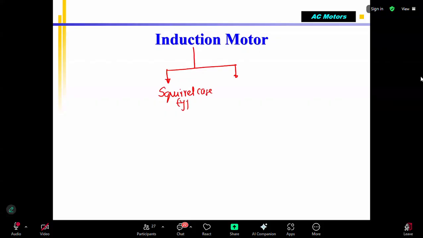There are 2 types of induction motor. Okay, please take the notes. One is called squirrel cage type. The other one is called wound rotor with slip ring.